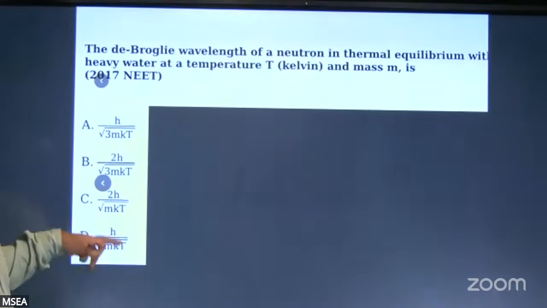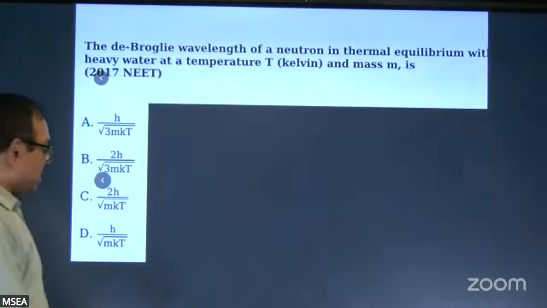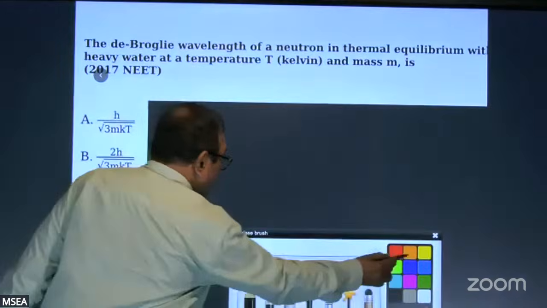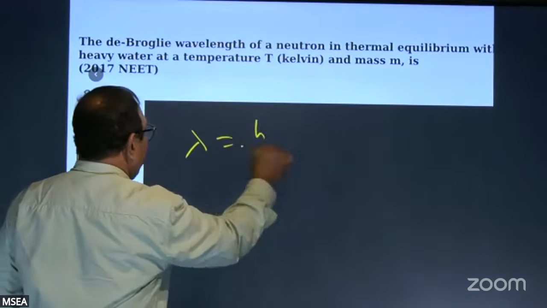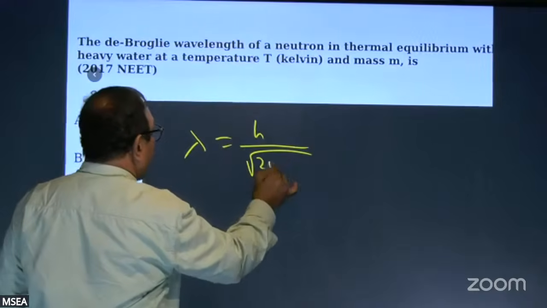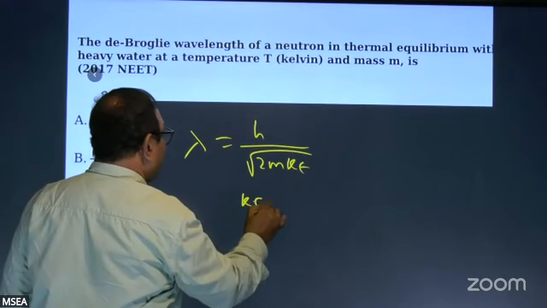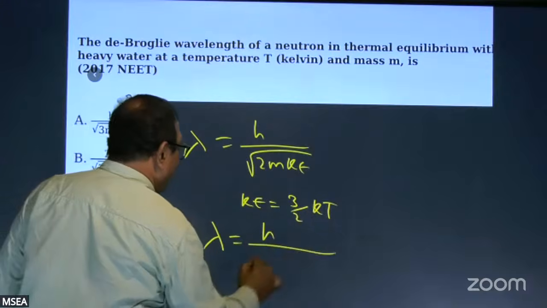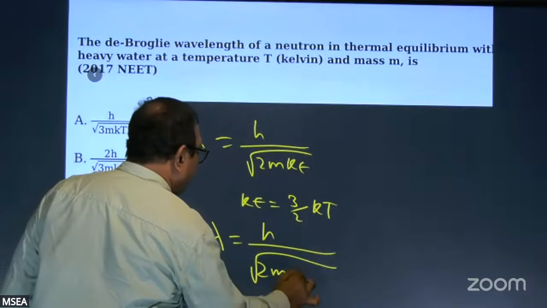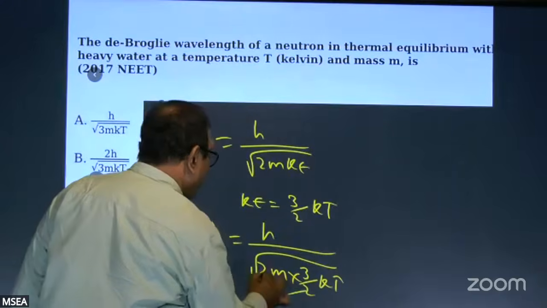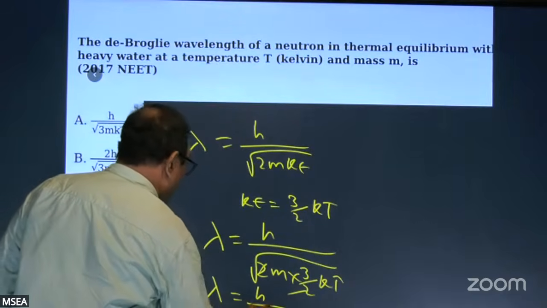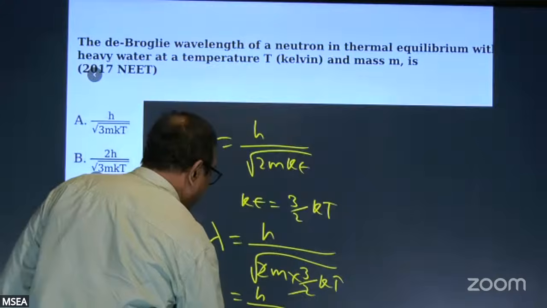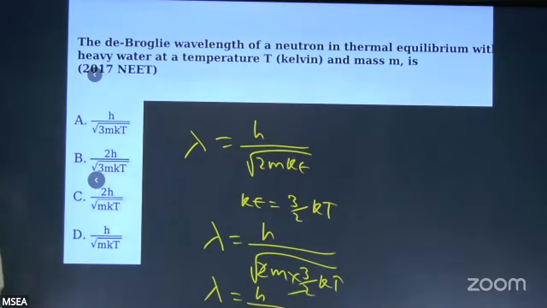Then lambda is h by root of 2m into 3 by 2 kT, which gives h by root of 3mkT. This is important, you must remember.